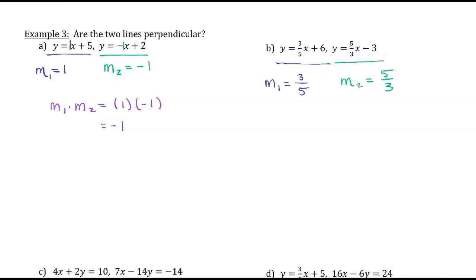Notice quickly that these are reciprocals of one another. We have 3/5 and 5/3. But when we check their product, notice that while everything simplifies to be 1, it's +1 instead of -1. That's because these two slopes are reciprocals, but they're not opposites. They're both positive. Let's go on to example 4.